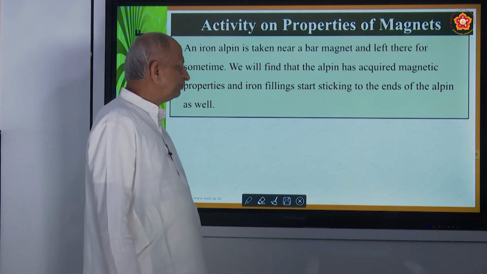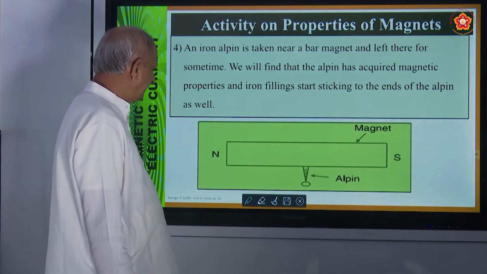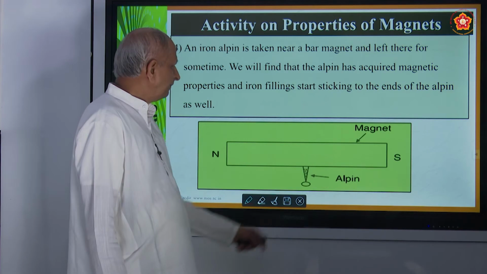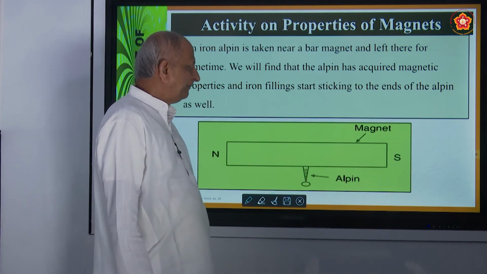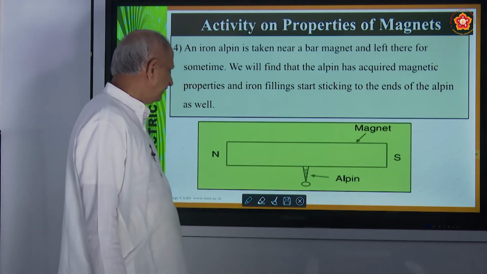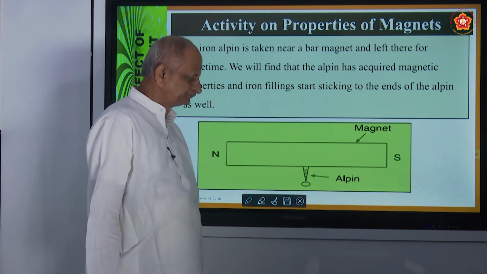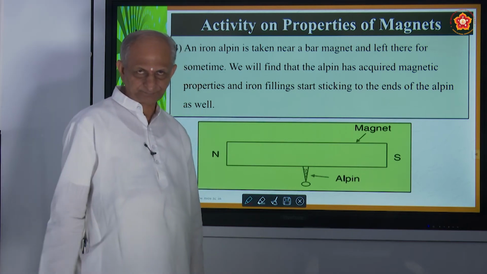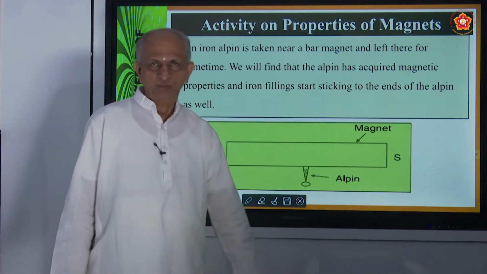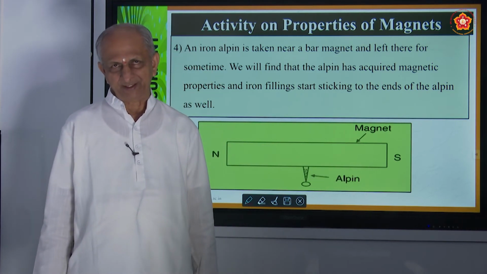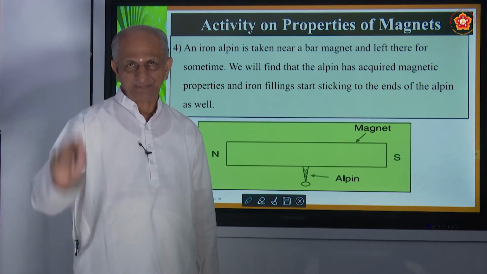And one more activity: an iron pin, brought near a magnet and left there for some time. We find that the pin also acquires magnetic properties, and iron filings start sticking to the ends of the pin as well. So bring a pin near the poles of a magnet, and temporarily that pin also acts like a magnet.